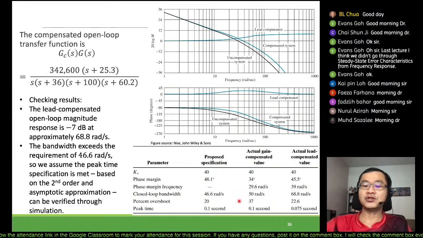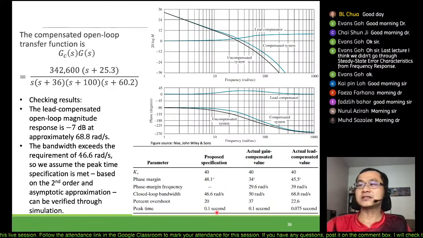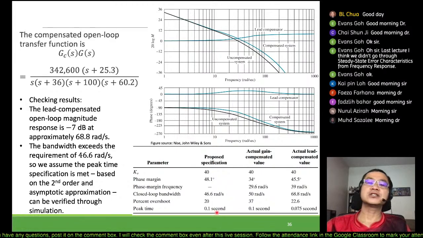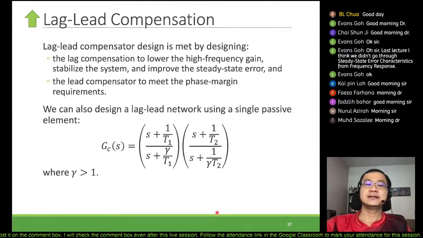The percent overshoot almost maintained, okay, 22.6, okay, and the peak time is 0.075, okay, which is less than 0.1. So yeah, it's good enough to meet the criteria, right? So this is how you can adjust or obtain those value from the bode plot in order for you to form the transfer functions for your compensator, right?